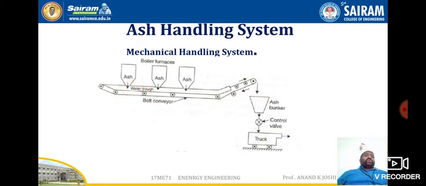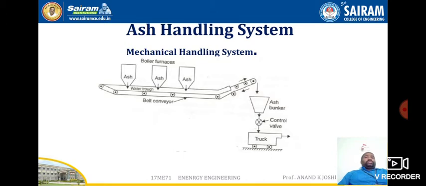The cooled ash falls on the belt conveyor and is carried continuously to the dump site and overhead bunkers. The water is utilized for absorbing the heat from the ash.